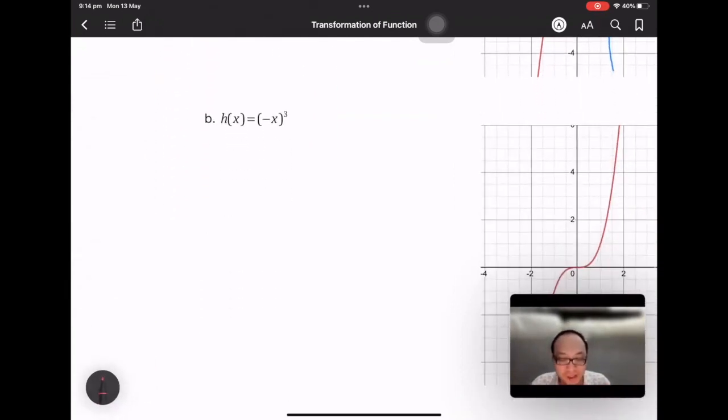Now, how about (-x) cubed? So it will be h(x) = f(-x), because f(x) is x cubed. So if I replace x by negative x, it becomes (-x) cubed. So this is the notation.